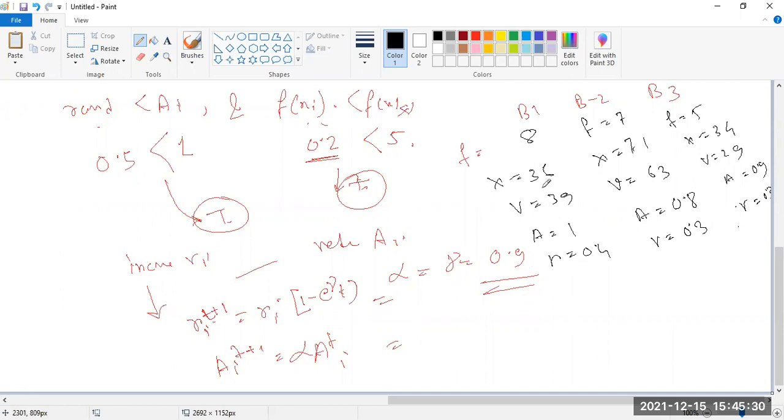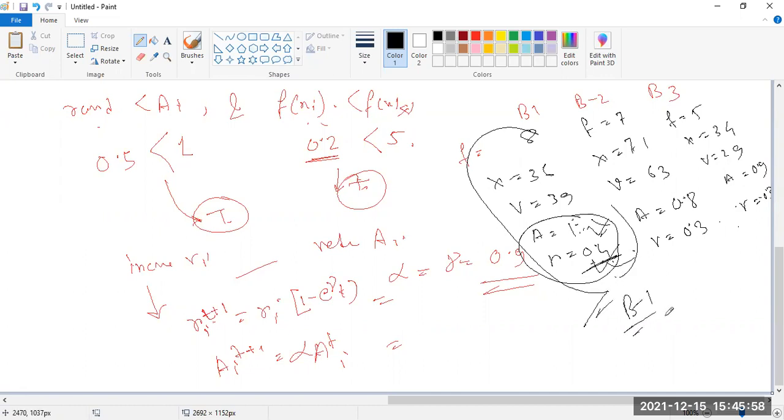The rank bat 1 is the best because you can see its loudness is one, so greater loudness is there, and pulse rate is also greater. This is 0.3, but it is 0.4. So this is also better. Velocity we don't require because the last solution is taken on this basis. So these things are the best solution. So this bat 1 is the best solution, and in this way we can select the bat 1 position as the selected position.